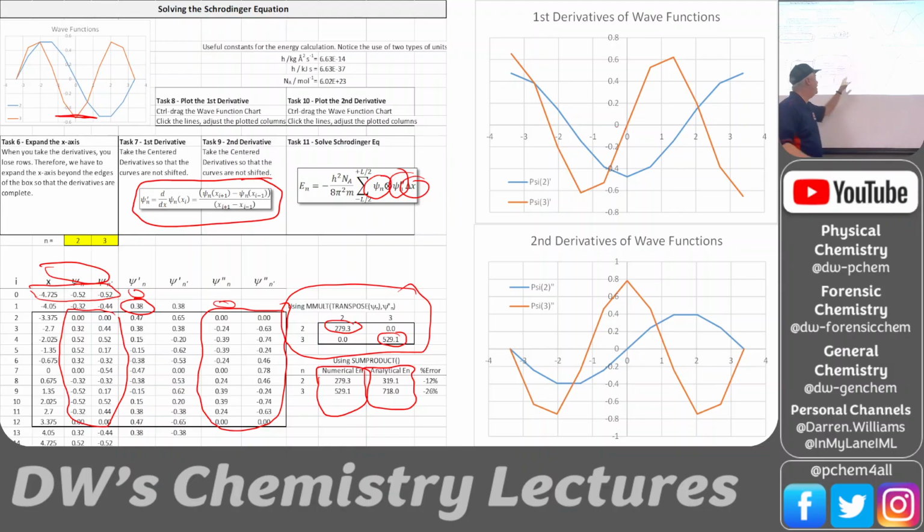And we can calculate the error. Here, it says my ground state, or n equals 2, the energy for n equals 2 is 12% low. And the energy for n equals 3 is 26% low. So that's not so great. And the reason it's not so great is we've taken our box and divided it into only 10 units. What are we doing when we integrate? Well, think about it.